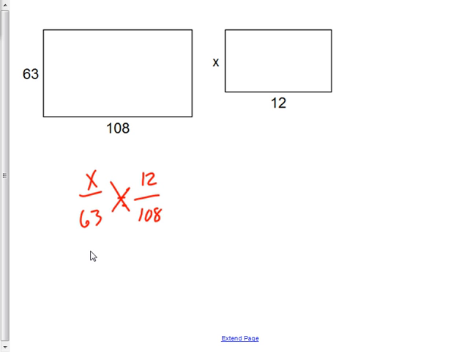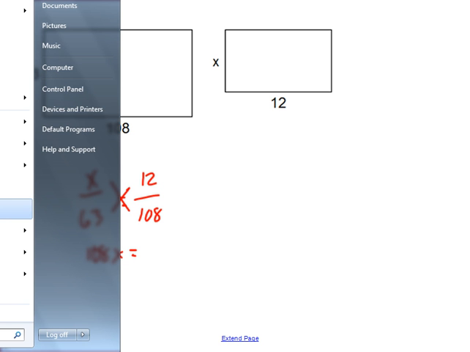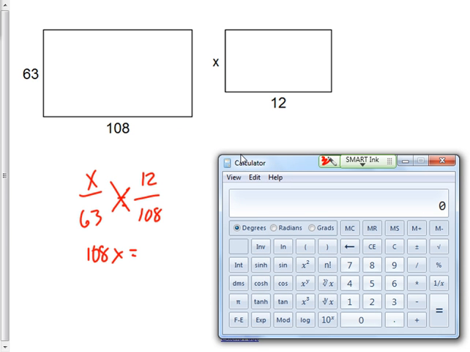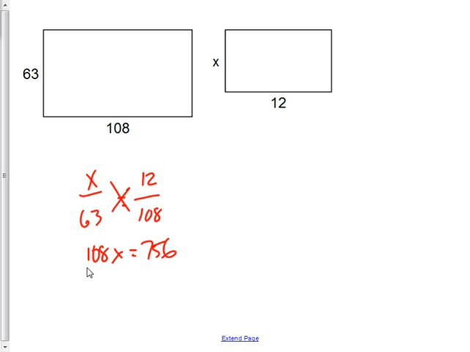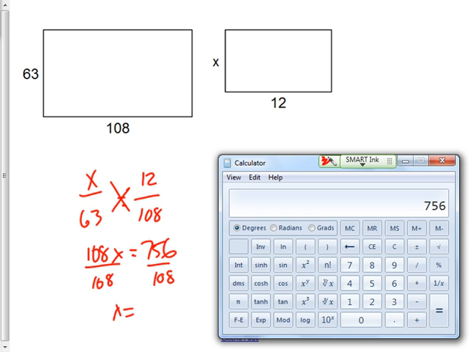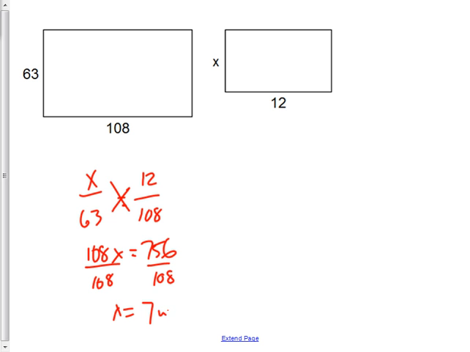Now we need to cross multiply to get 108x equals, and if we go ahead and put that in your calculator, we get 63 times 12 equals 756. Divide by the coefficient of 108, and we get x is equal to 7, and we can say 7 units again.